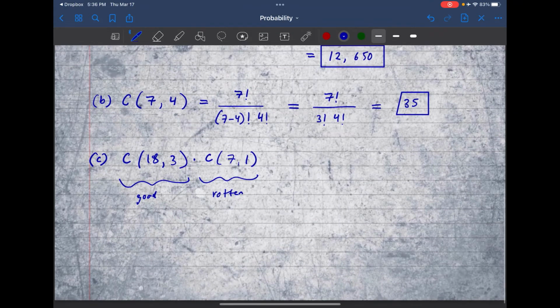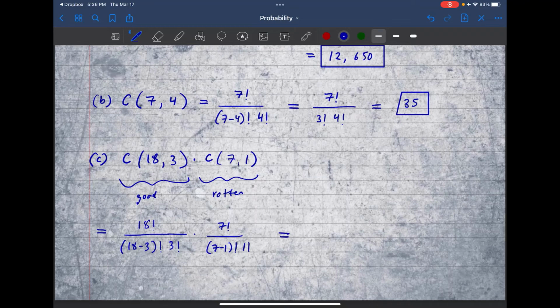Now using the formula, this would simply be 18 factorial over 18 minus 3 factorial times 3 factorial, times 7 factorial over 7 minus 1 factorial and 1 factorial.